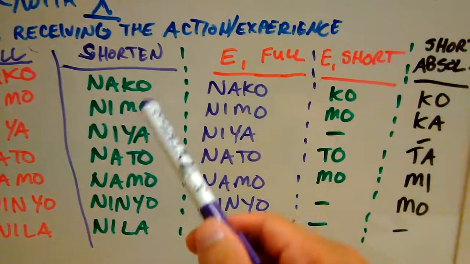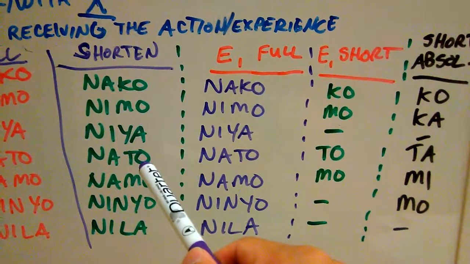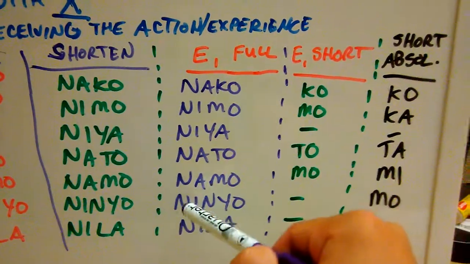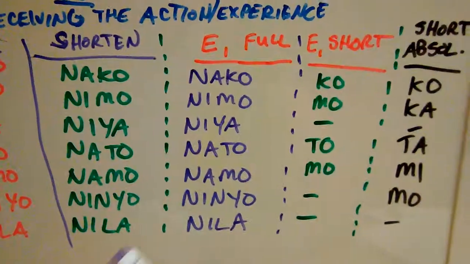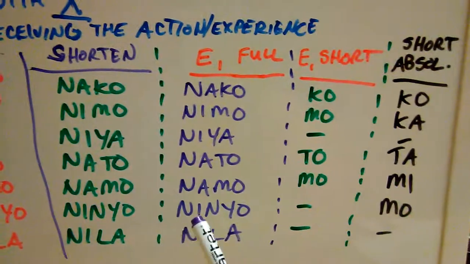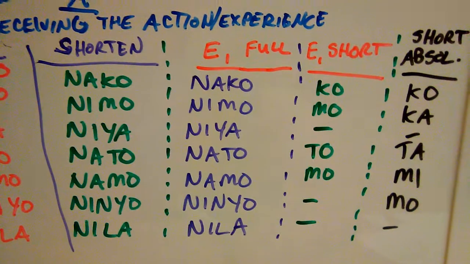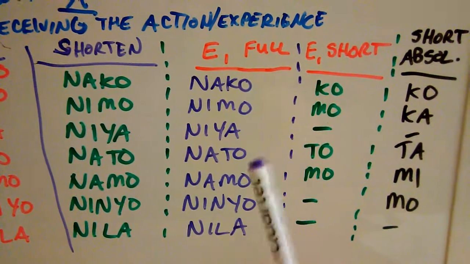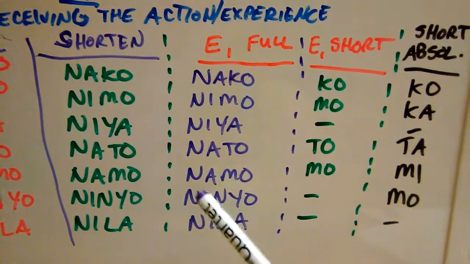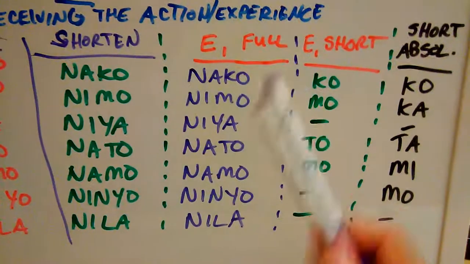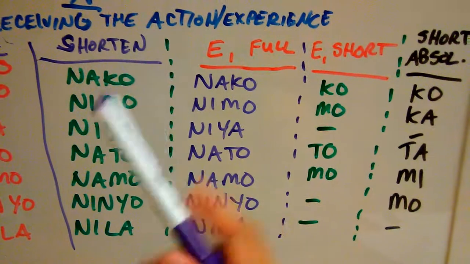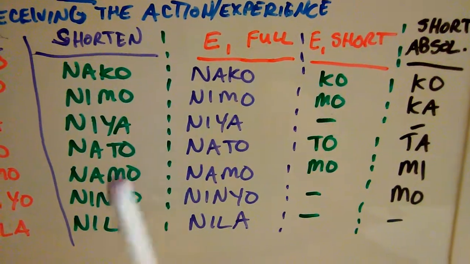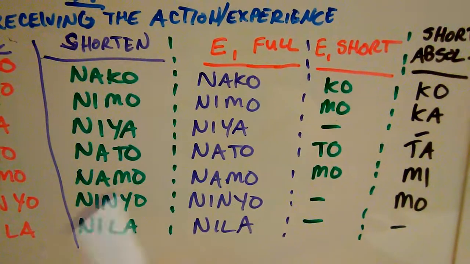But guess what? The shortened form of the oblique case is also the same form as the full form of the ergative postposition. Remember the ergative pronouns that I made videos of? If you remember the full forms of them, nako, nimo, niya, nato, namo, ninyo, nila, those are the full forms of the ergative pronouns, which is identical to the shortened form of the oblique case.